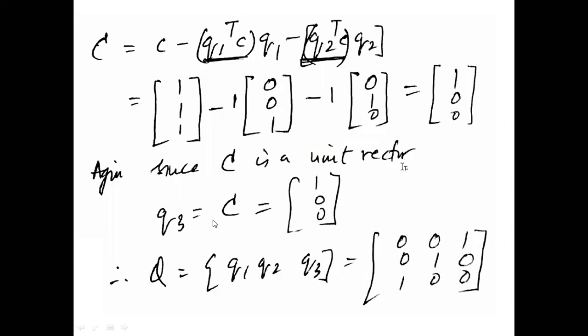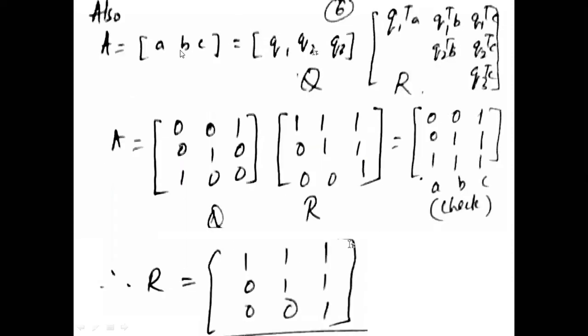Now we have found the value of Q, and the second part of the question is to also find the QR decomposition. So let's see how we can do it. In the QR decomposition, we use the concept that R is nothing but Q transpose into A, where A is the original matrix.